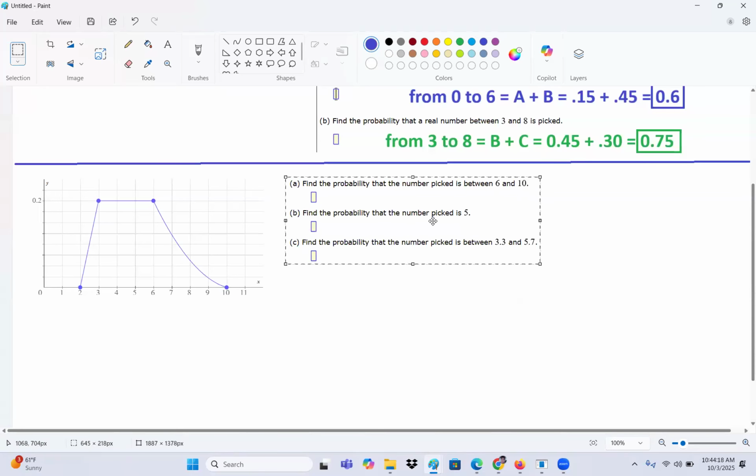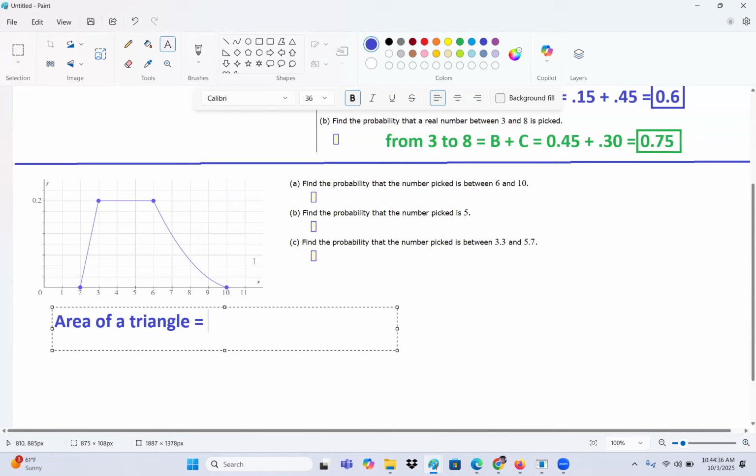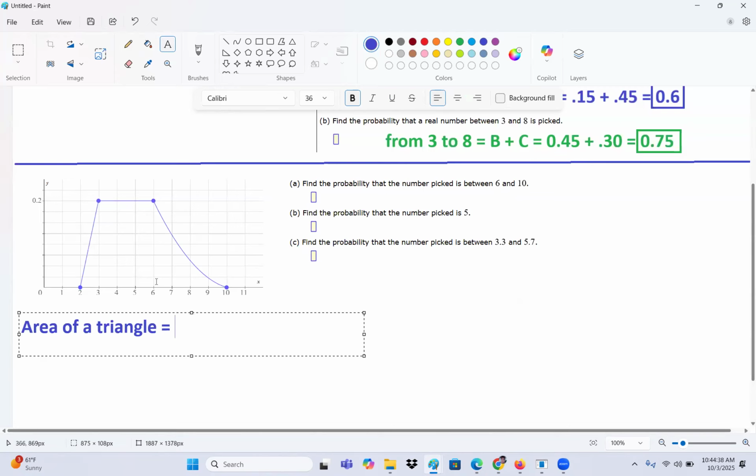For this particular question, we need to figure out the area of a triangle, for example. Make sure that it's one half times the base times the height. The numbers will work out.